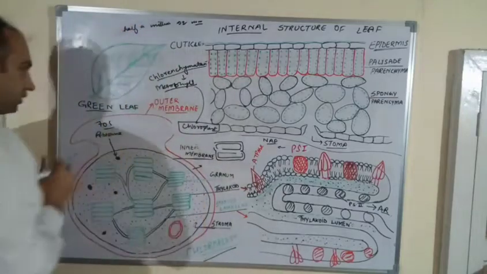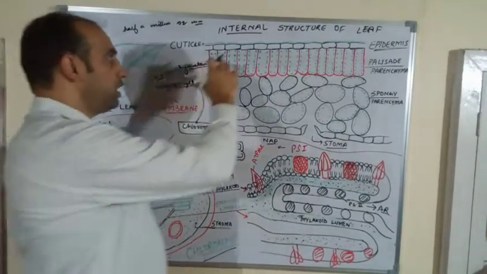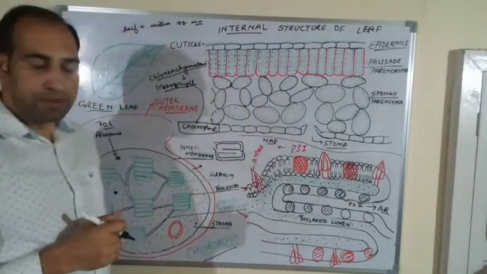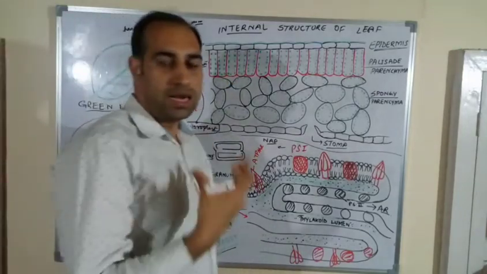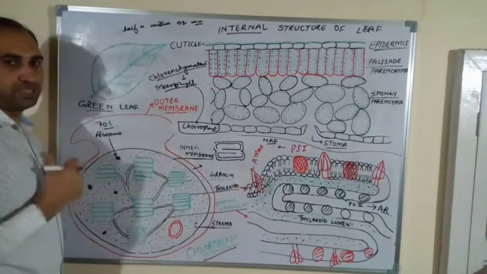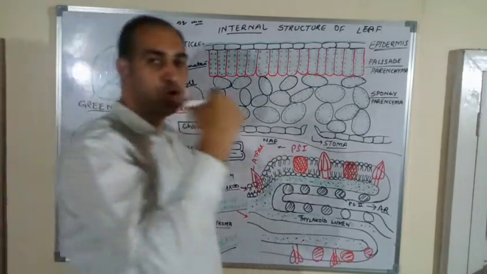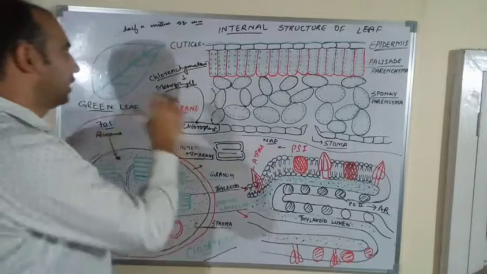Okay, now we will diagrammatically represent the internal structure of the leaf in order to understand the process of photosynthesis, the place where photosynthesis takes place.